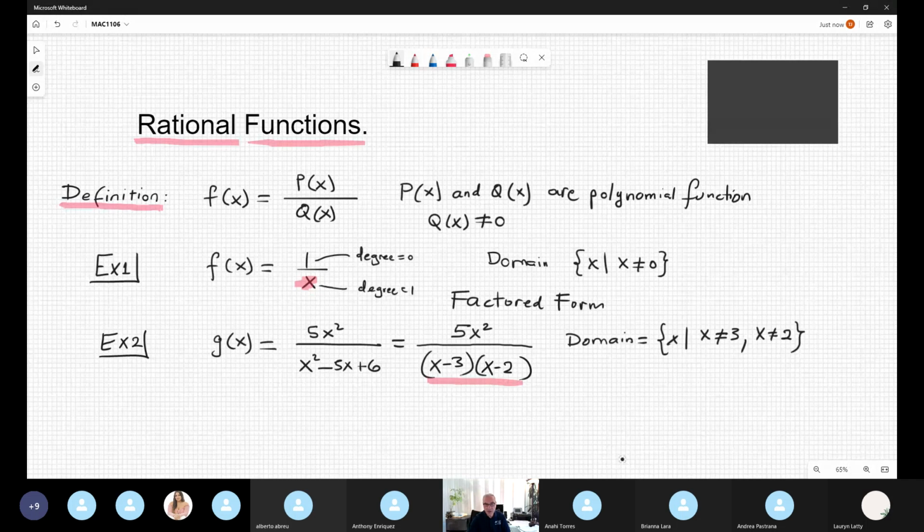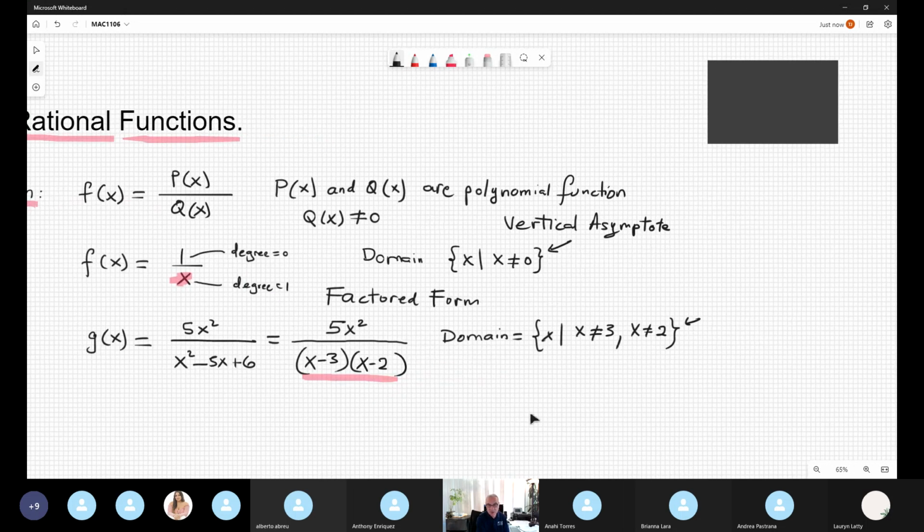By the way, I forgot to say that in this example, the values that make the function undefined are vertical asymptotes. Maybe you don't remember or don't understand what a vertical asymptote means. I want to refresh your memory a little now, and later you will study vertical asymptotes in detail.